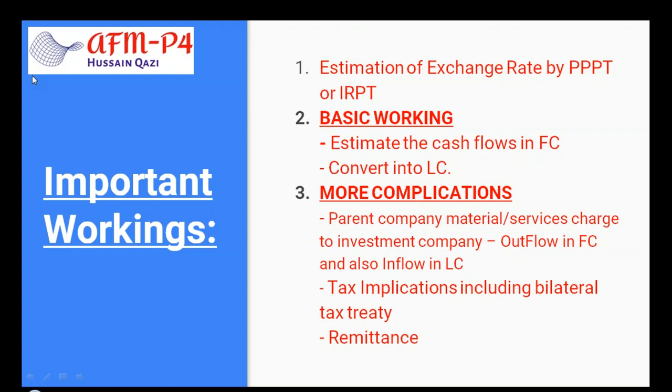So the UK's current spot rate will be estimated in future on the basis of the two countries' inflation. If inflation is not given, then we can use IRPT, that is interest rate parity theory. How it works, we will discuss in just a couple of minutes.